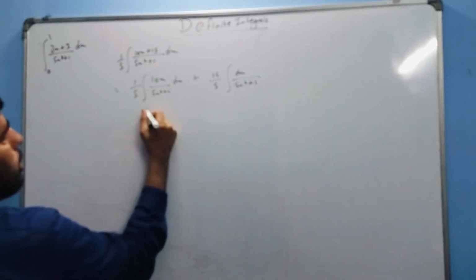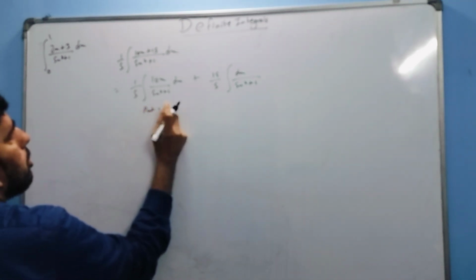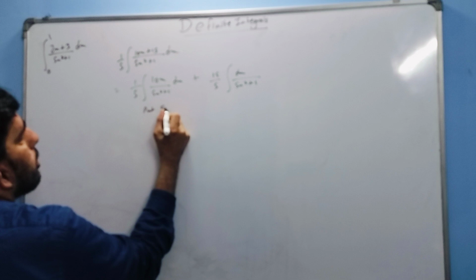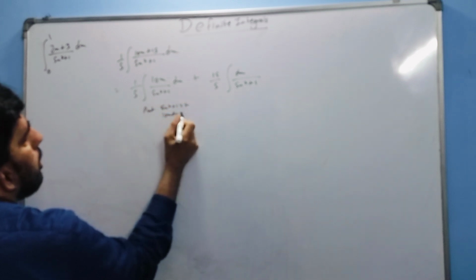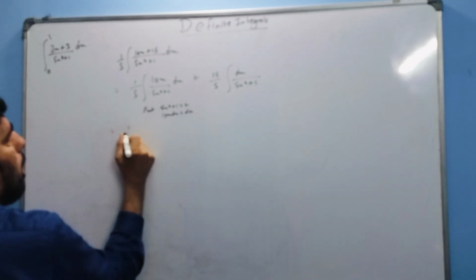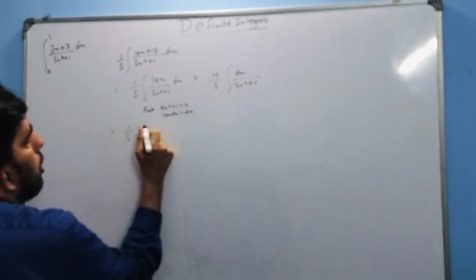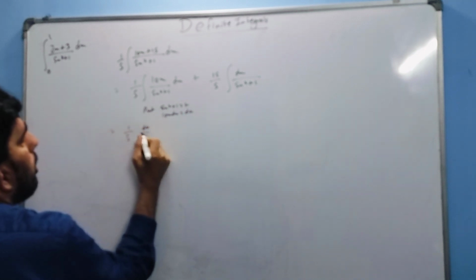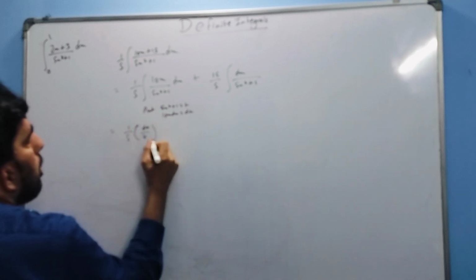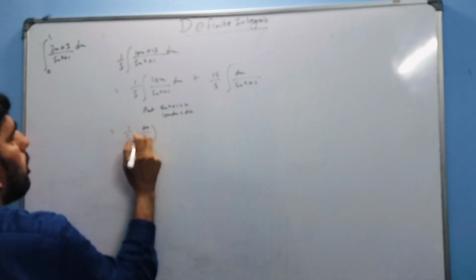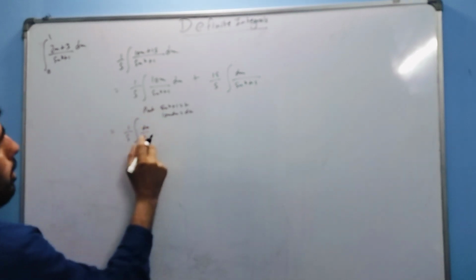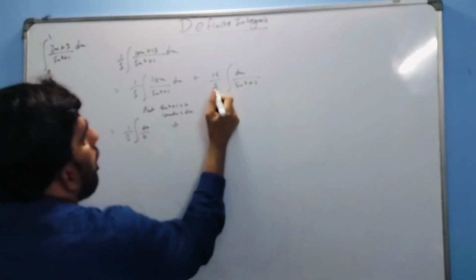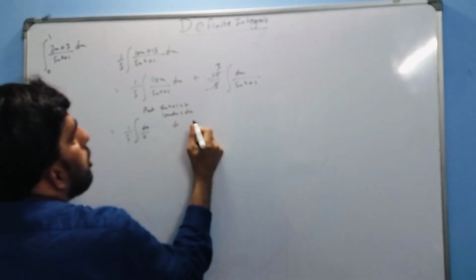Put 5x² + 1 equal to t, so that 10x dx is equal to dt. So I will have 1 by 5, dt upon t, plus here we will reduce it to 3.